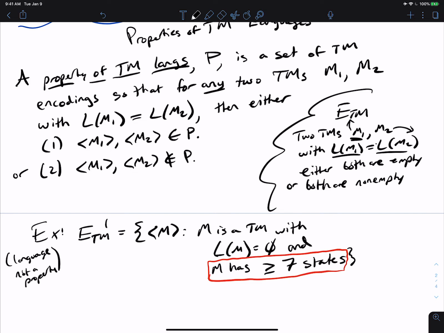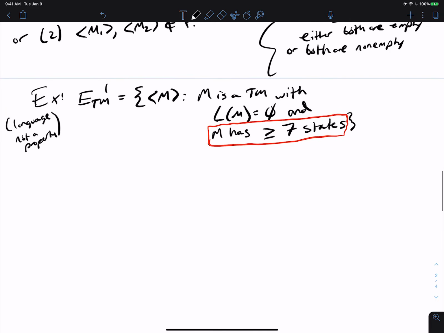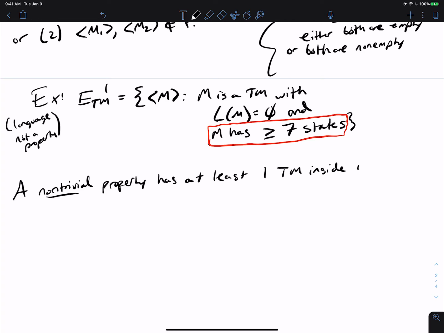And then one more definition: a non-trivial property has at least one Turing machine inside it and at least one Turing machine outside it.